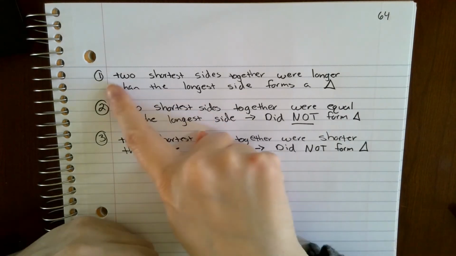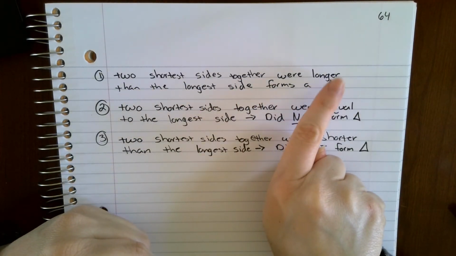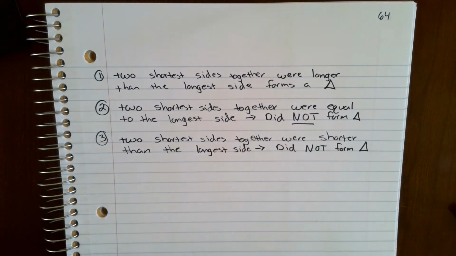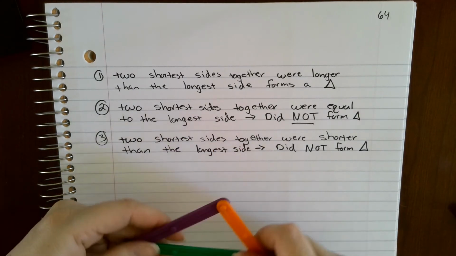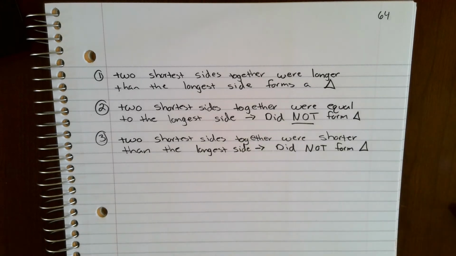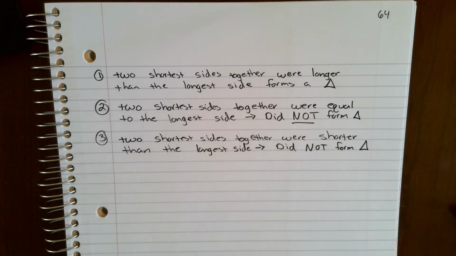So it has to always follow rule 1 in order for it to be a triangle. So let's write that down as a rule.